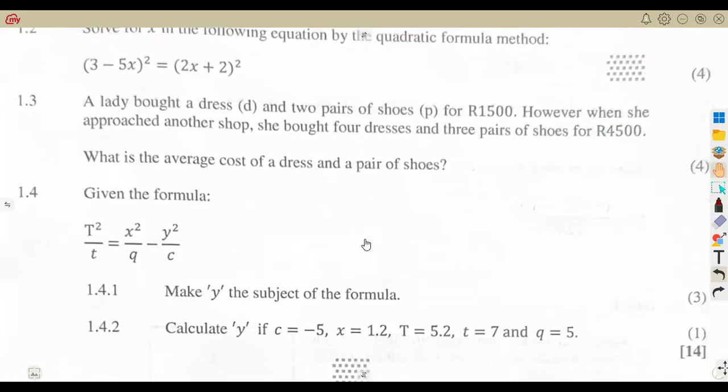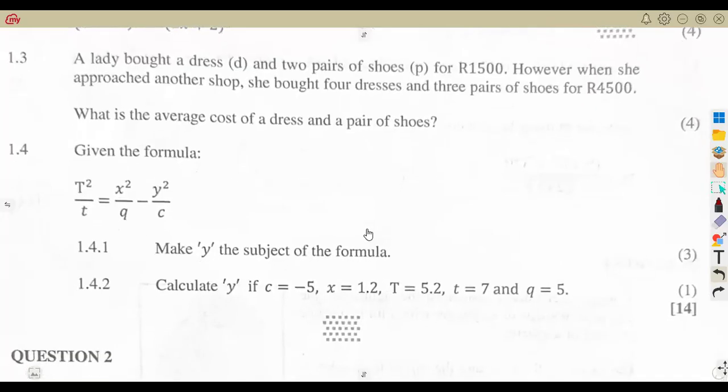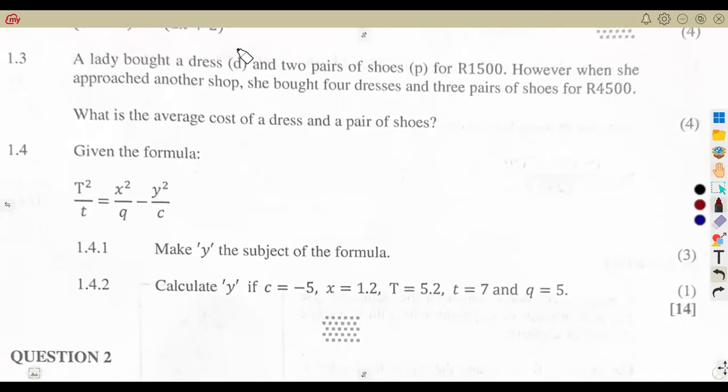On 1.3, we are given a lady bought a dress, which is D, and 2 pairs of shoes. So a pair of shoes is given by P, all right? But she bought 2 pairs. So here is just a dress, meaning it's 1, for 1,500 Rand.